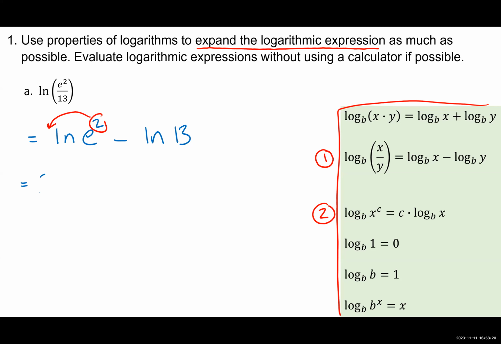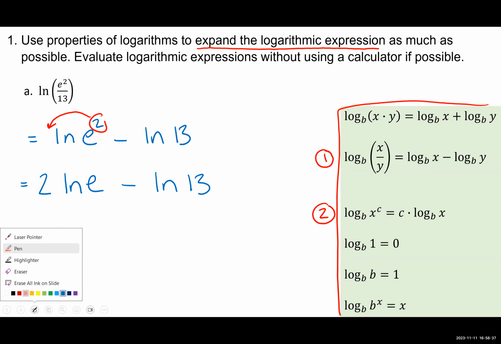This becomes 2 times the natural log of e minus the natural log of 13. Now we could actually apply this rule now.